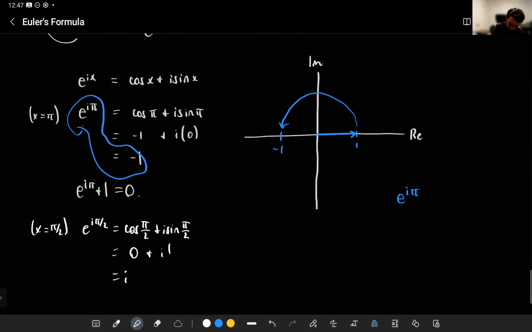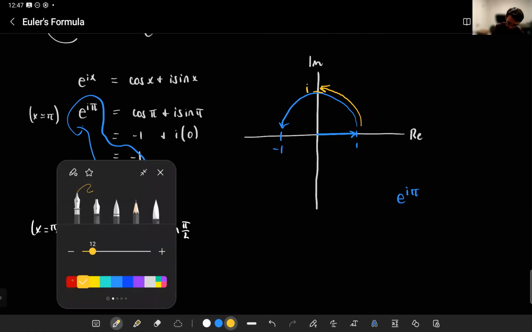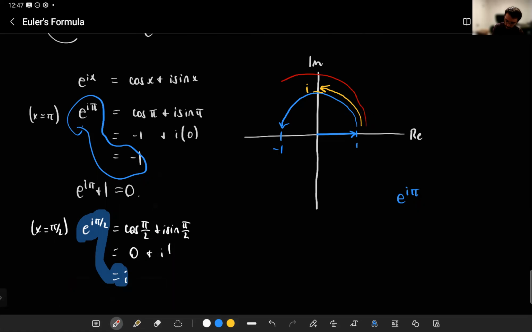And so this is now saying, if I rotate by pi over 2 radians, I should get to i. And looky here, rotate by pi over 2 radians, that's 90 degrees. That does get you to i. Same story if you want to rotate by 3 pi over 2. 3 pi over 2 should get you to -i, and you can check in the formula that it really does.